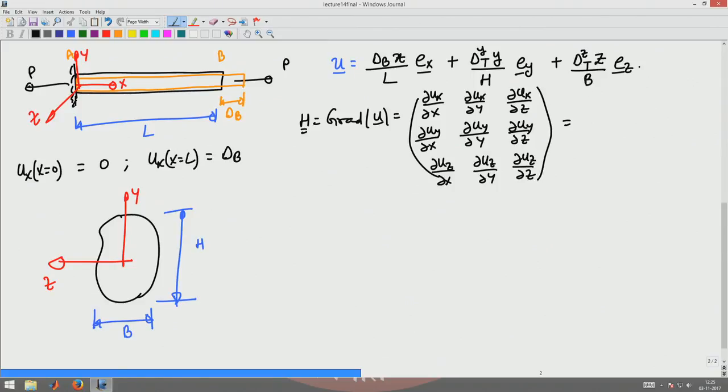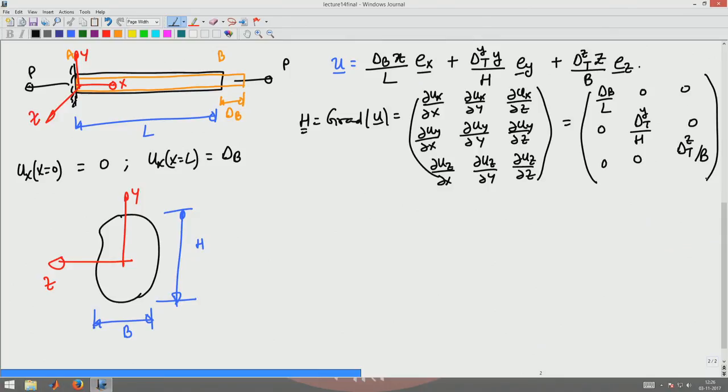This will evaluate to be delta B by L 0 0, 0 delta transverse y by h 0, 0 0 delta t z by b.